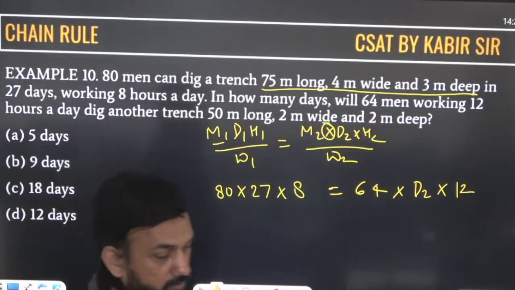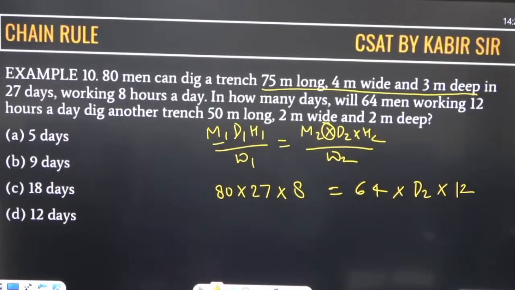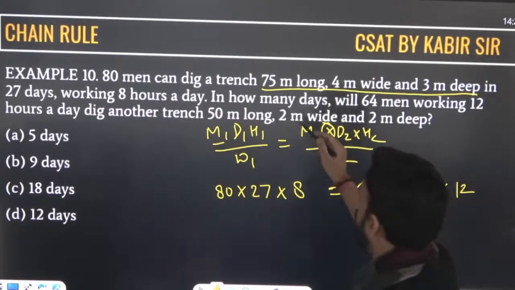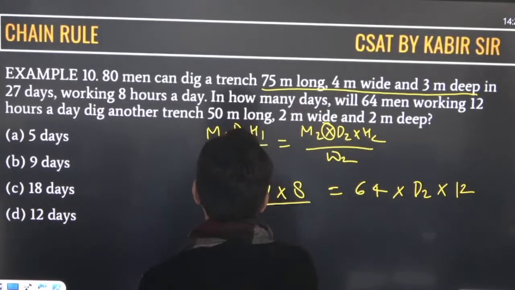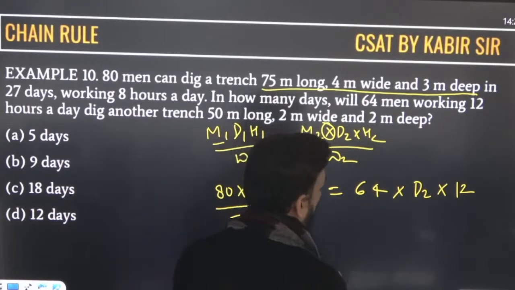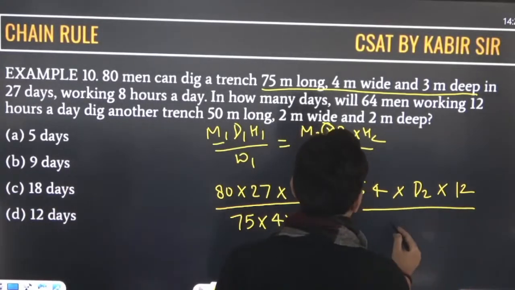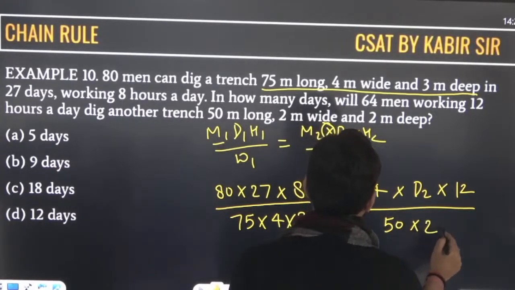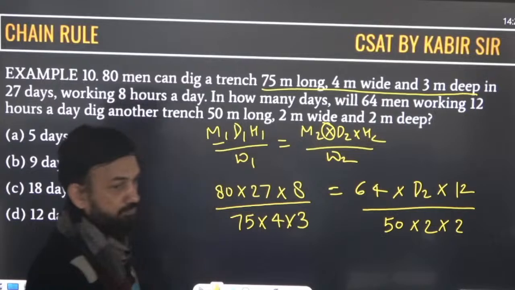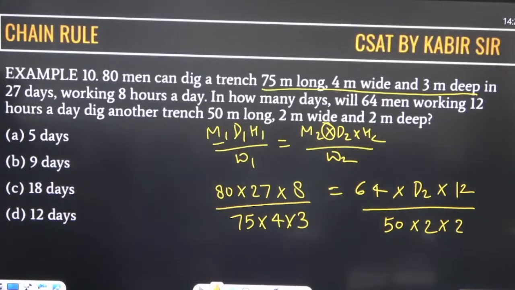Now the question is, what is W1 and W2 in this? So the trench is 75 meter long, 4 meter wide, 3 meter deep. Here 50 meter long, 2 meter wide. So that is the total volume, right?